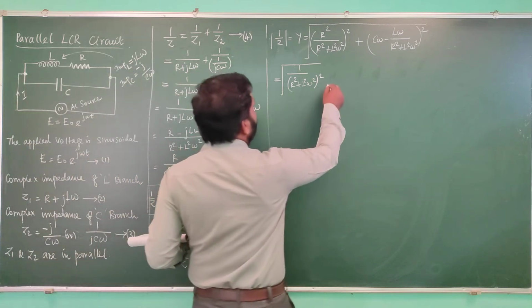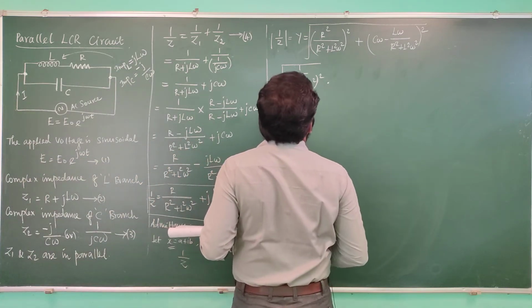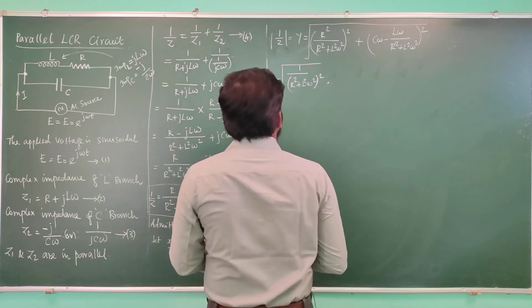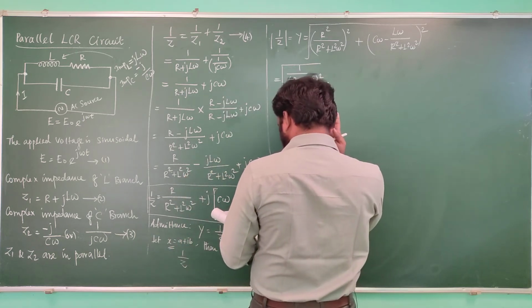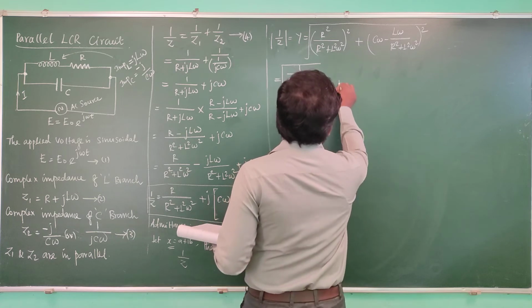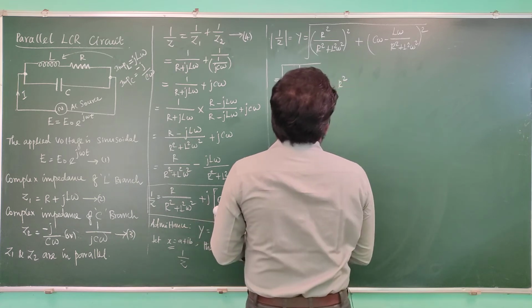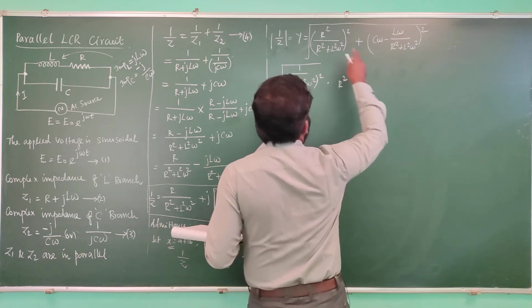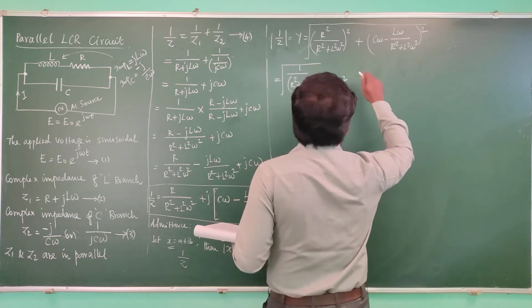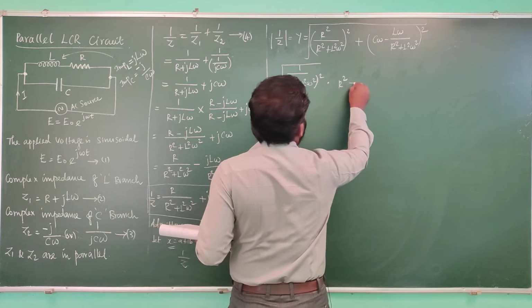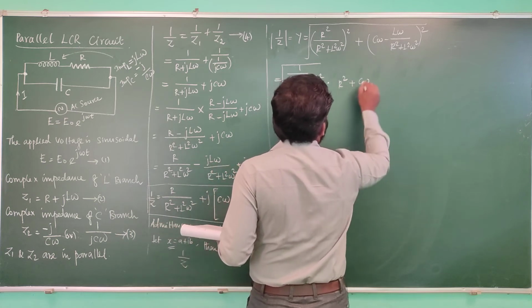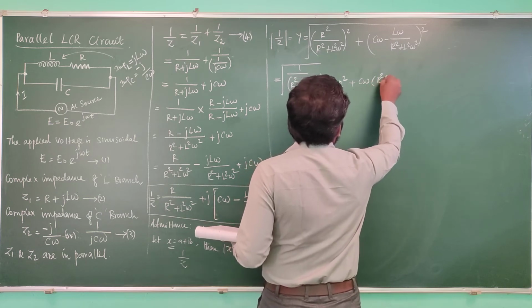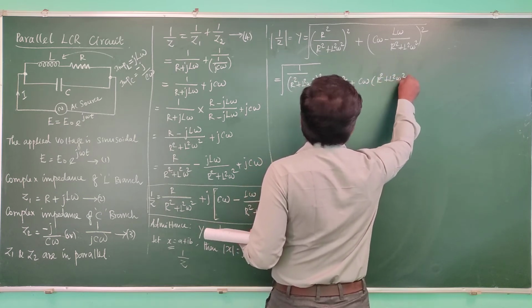What's remaining, multiplied by here, is R square plus (C omega multiplied by (R square plus L square omega square)).